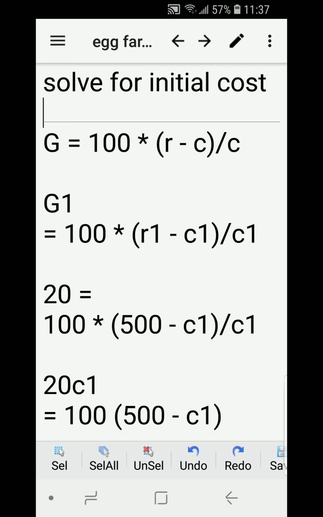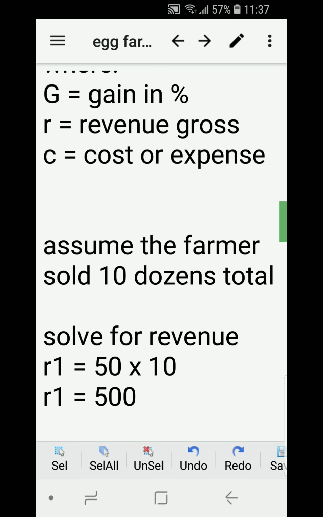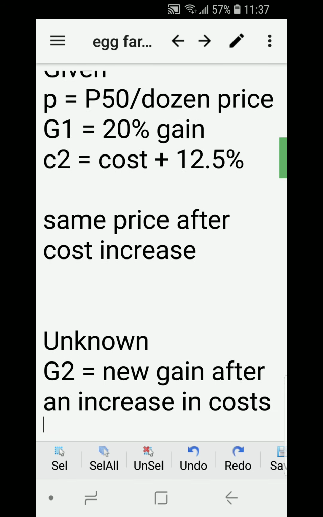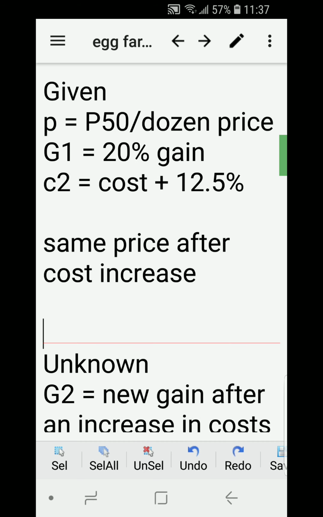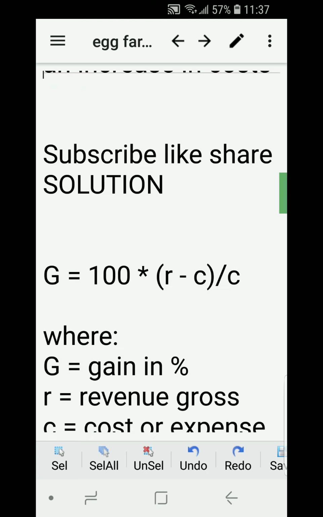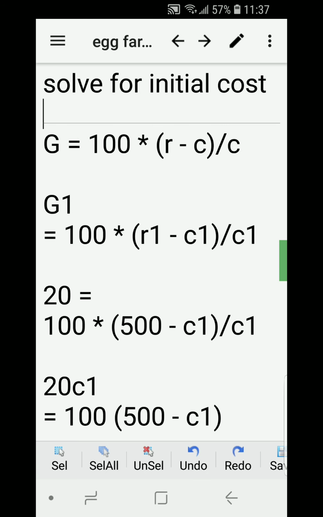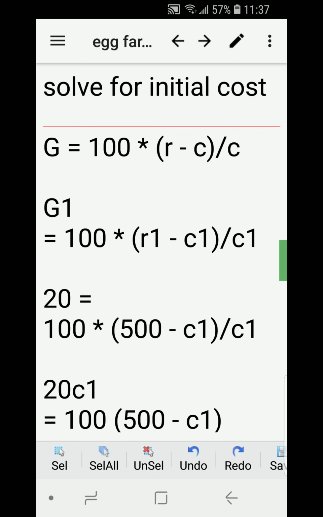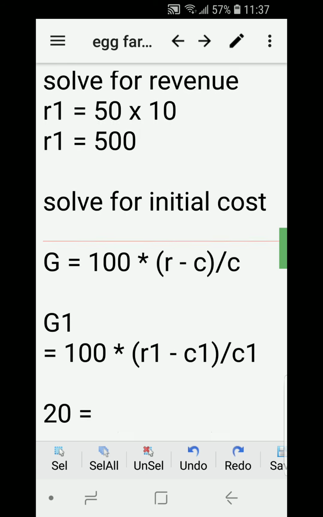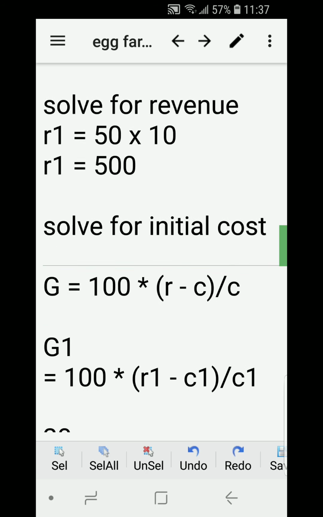We were given G1, the gain was 20%. So we put G1 is 20, and then we substitute the calculated value of 500 for the R1 revenue.